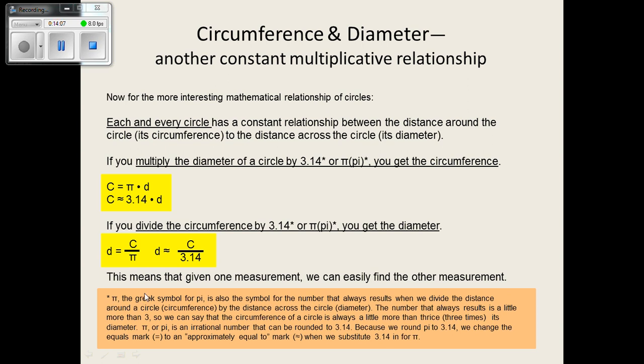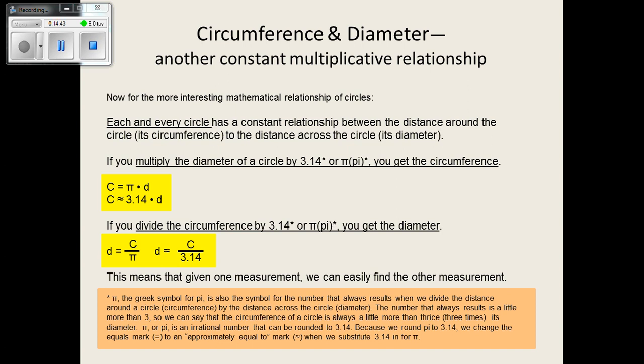In this orangish pinkish box, it says pi is a Greek symbol, but it's also the symbol for the number that always results when we divide the distance around a circle, its circumference, by the distance across the circle, its diameter. And this number that always results is a little more than 3. So we could say that the circumference of a circle is always a little more than thrice, or 3 times, its diameter.